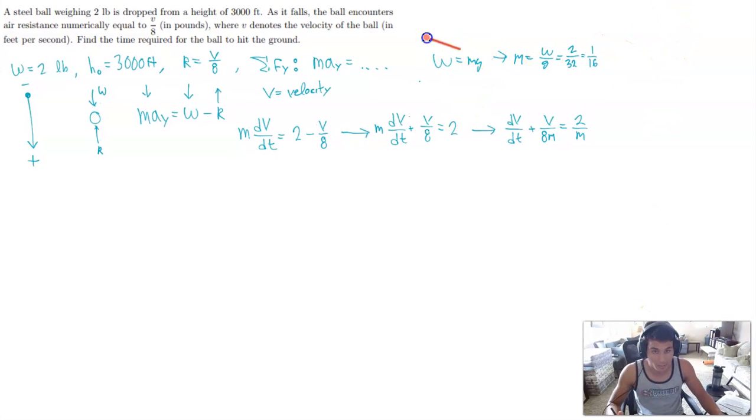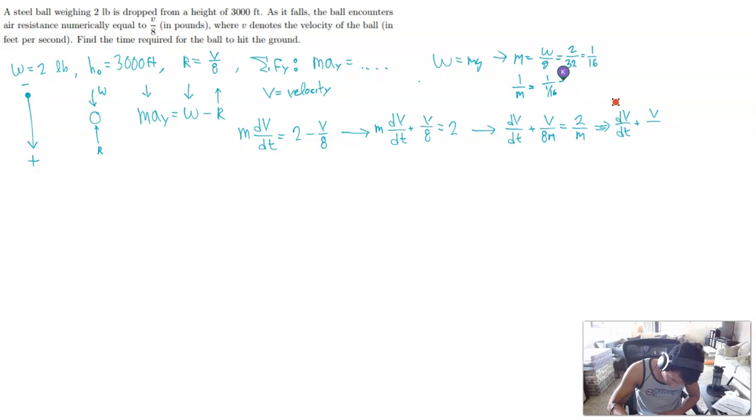Okay, so what I was saying is if we use this relationship, weight is equal to mass times gravity, and then if we solve for mass, because we need to, we get 1 over 16. Right? So now let's rewrite this equation in a nicer form. It's going to be dv/dt is plus, and then v, okay, so 1 over m is 1 divided by 1 over 16, which is 16.